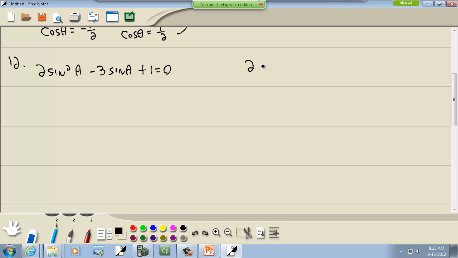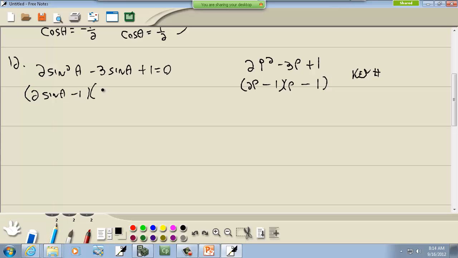Like put p there in for sine. So we got 2p squared minus 3p plus 1. And this would be the key number method of factoring. So this is 2p, p, 1, 1, minus, minus. So it factors that way. But we really didn't have p's there. We had sine. So this becomes 2 sine theta minus 1 times sine theta minus 1 equal to 0.